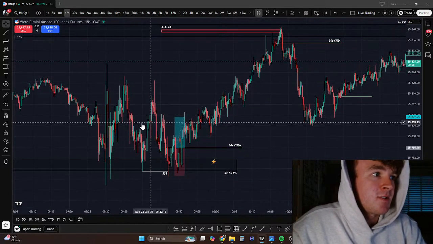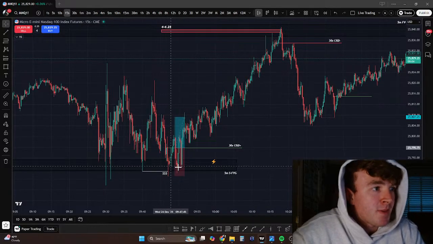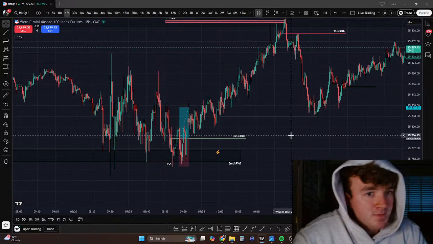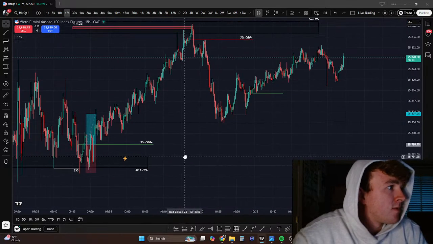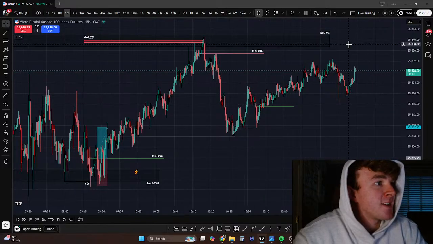Yeah, you can clearly see accumulation, manipulation, distribution. And there's a pin bar at the bottom there, which is kind of cool. Man, could you imagine if I kept that original trade? It could still play out.